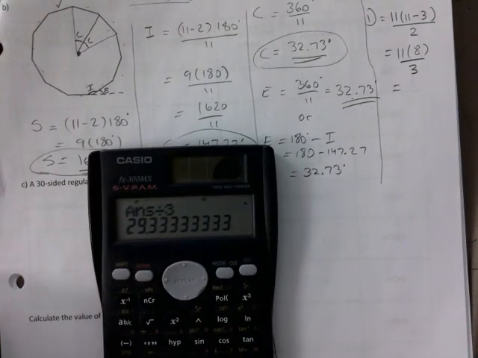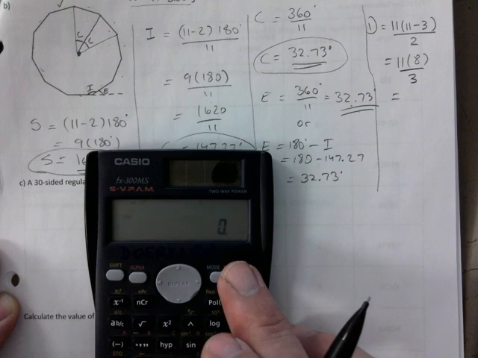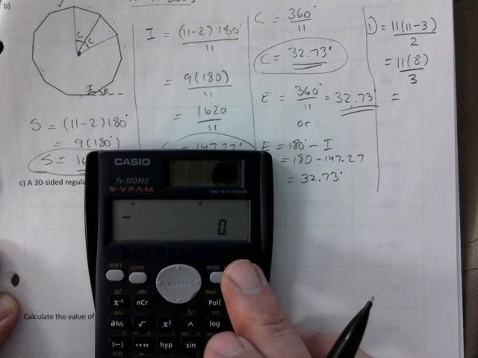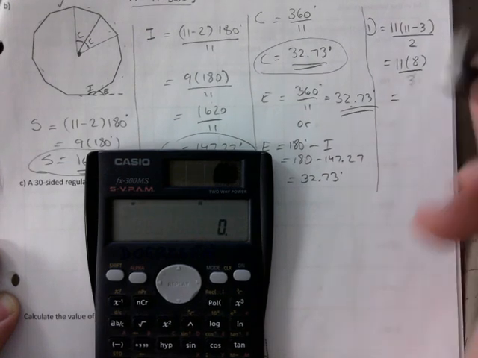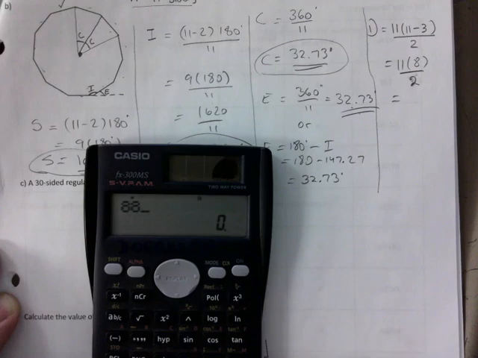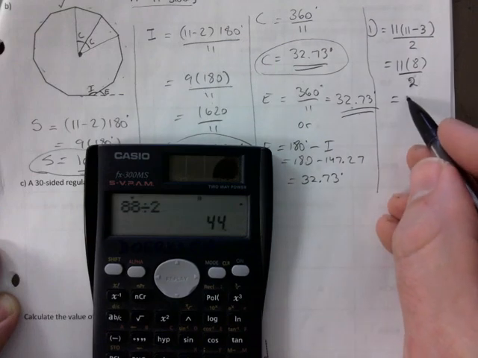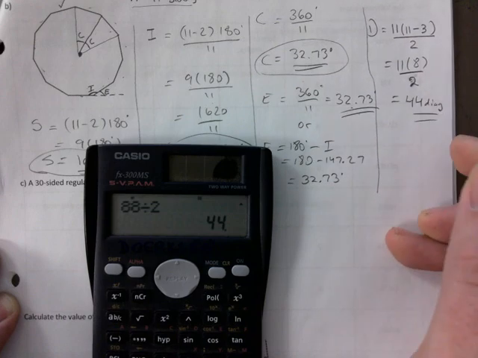Oops, see, I got 29.33, so I made a mistake. Oh, it's divided by 2. Yeah. There you go. How did that 2 turn into a 3? No one knows. 44 diagonals. Can you imagine having to sketch 44 diagonals to figure that out?